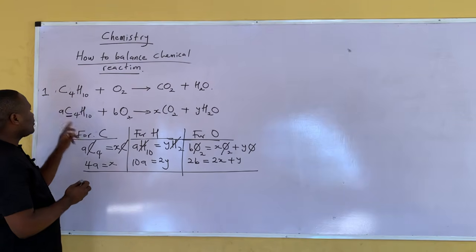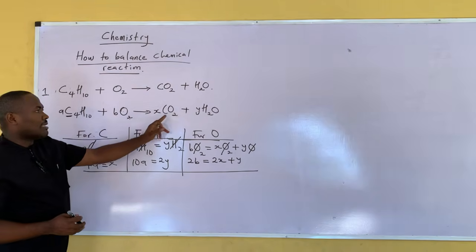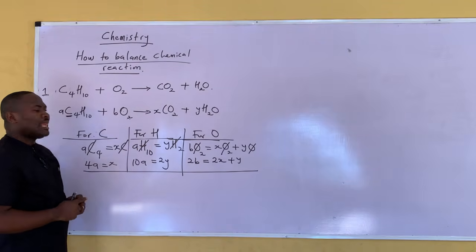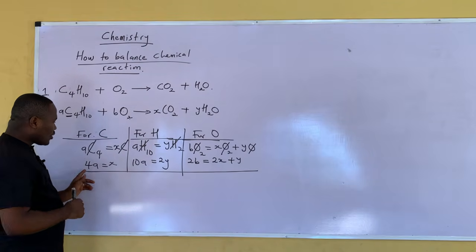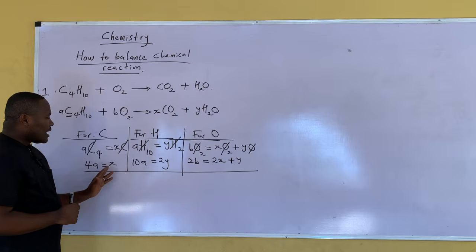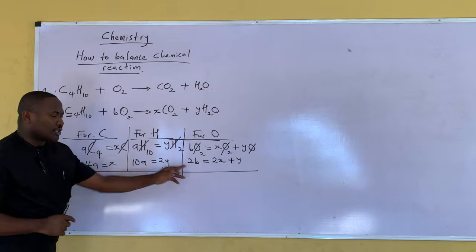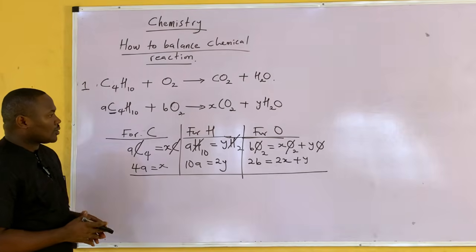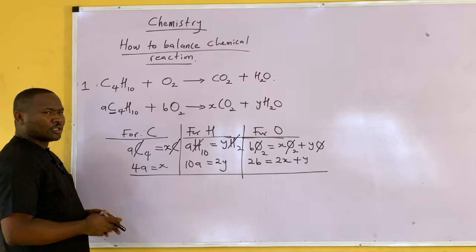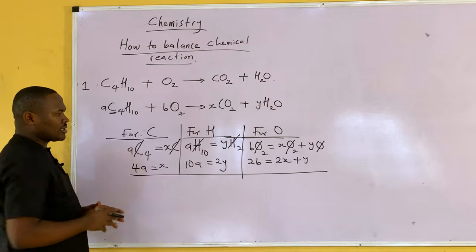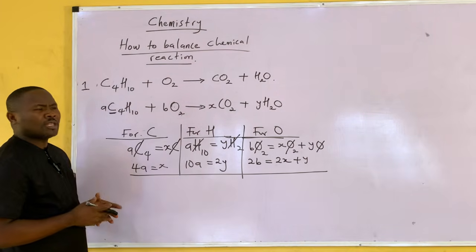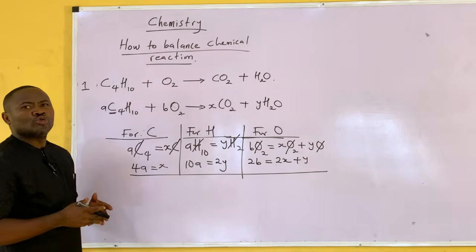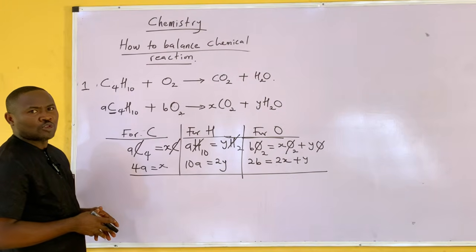Now, of all of these unknowns that I have, I will let one of the unknowns in these equations be equal to 1. Which of these should we take to be equal to 1? You look at your equations yourself and pick any one that will make your solution easy to solve.